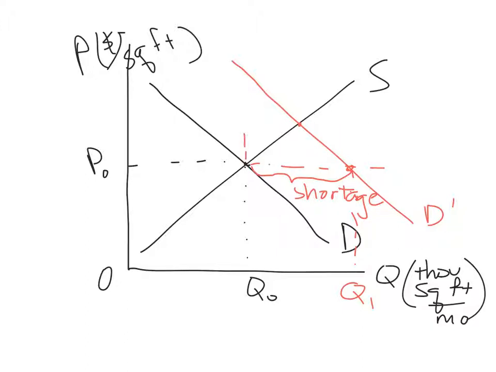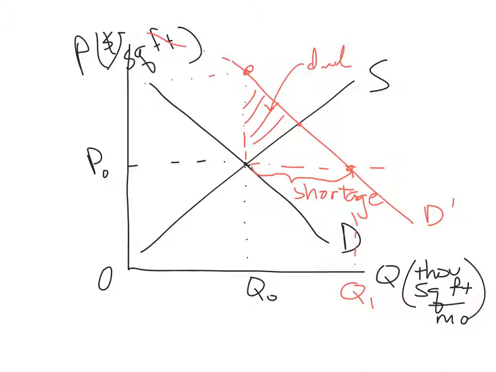And the efficiency analysis, if we assume that the people with the highest willingness to pay get the apartments, we see that this area is deadweight loss, surplus that's not realized in the price ceiling case, the rent control case, that would have been realized in a competitive market.